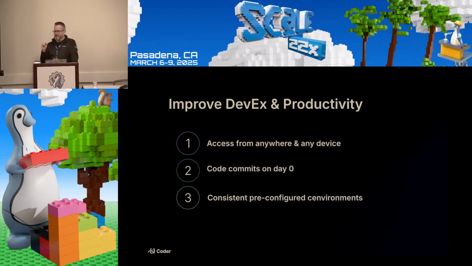So they log in, they've got all the tooling, they're connected to the repo, they have everything they need, and they're ready to go. And it also provides that consistent, pre-configured environment. Everybody gets the same thing. Everybody gets all the tooling they need, nothing more, nothing less.